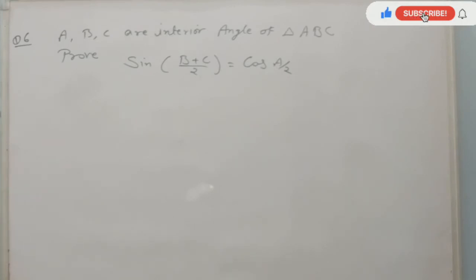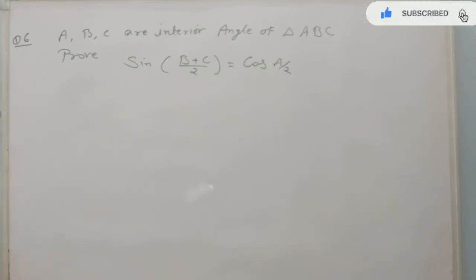Now here is the most important question of the exercise. If A, B, C are the interior angles of triangle ABC, then prove that sin of (B plus C) by 2 is equal to cos A by 2. This question is most important of the exercise.